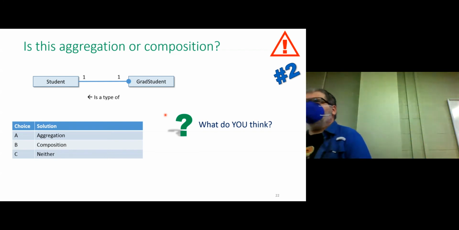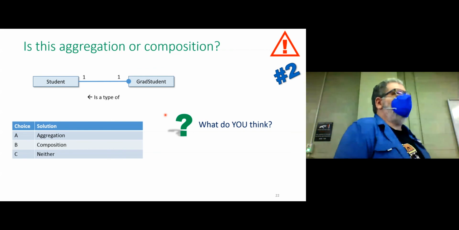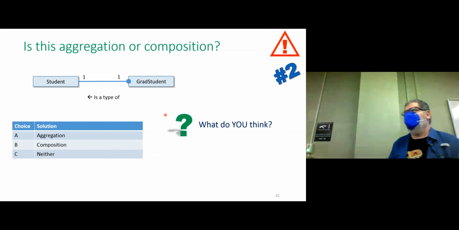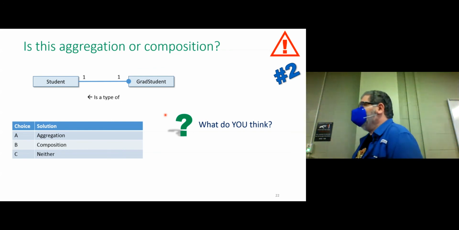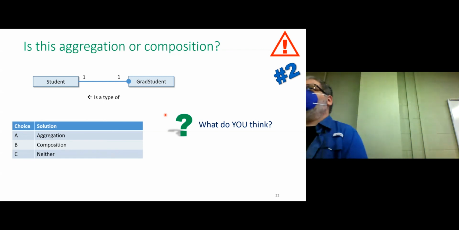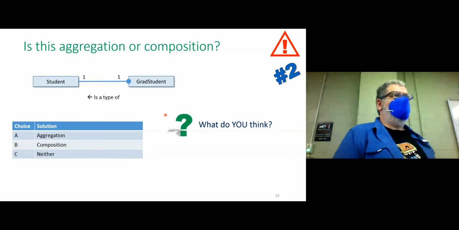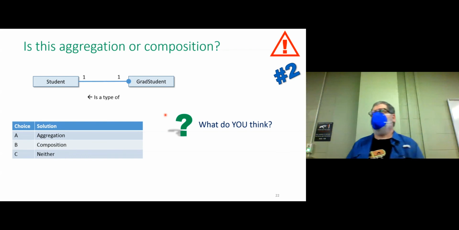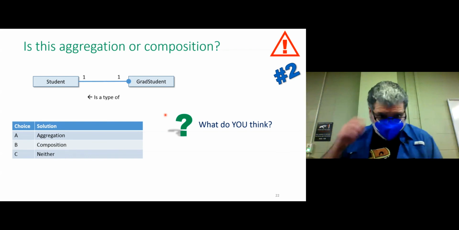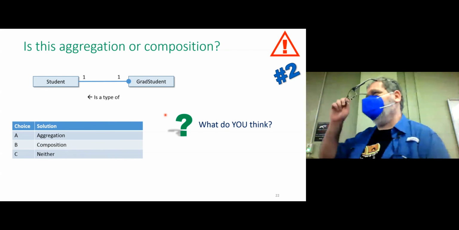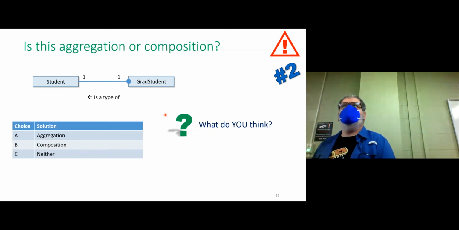How would you justify this to me, to a classmate, to yourself, in an exam or whatever? Don't pick randomly. Even though that works sometimes. So, who is for aggregation? Who is for composition? And who is for the catch-all answer, neither aggregation nor composition?